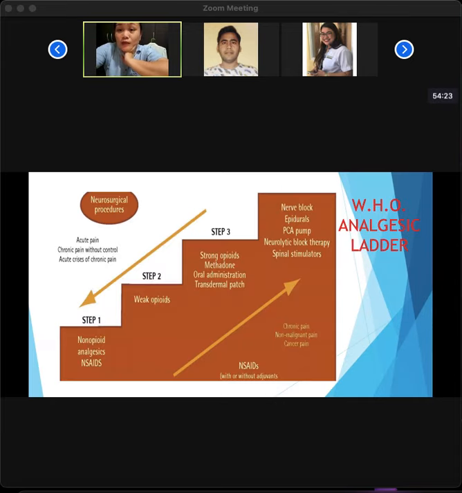So at step 1, if you have mild pain, then you can give non-opioid analgesics such as paracetamol and non-steroidal anti-inflammatory drugs such as ibuprofen.